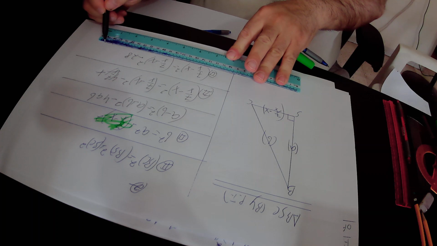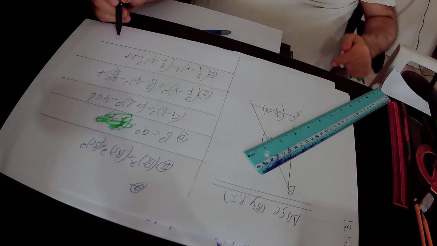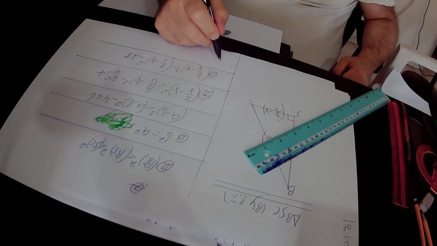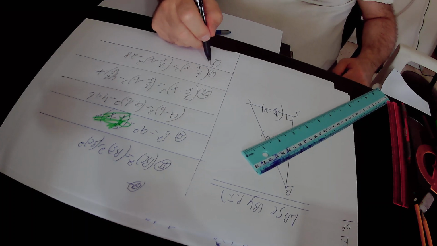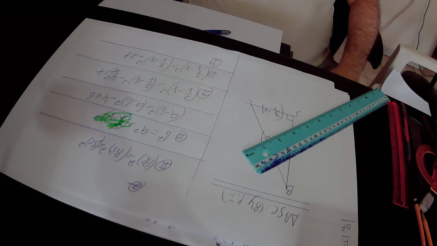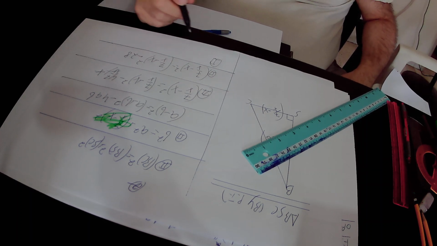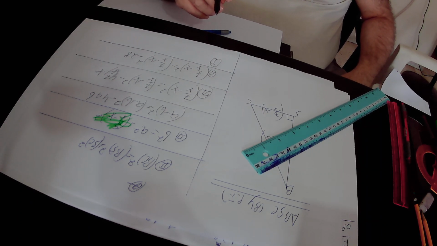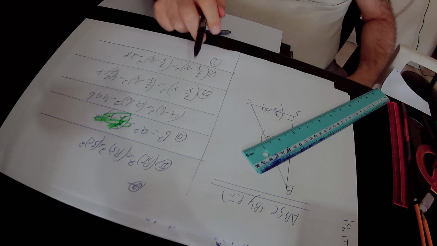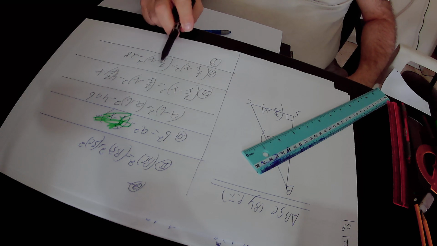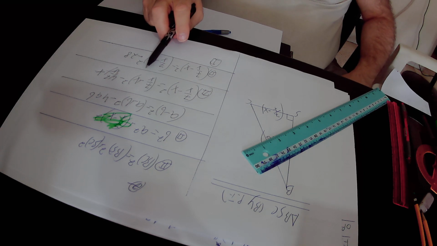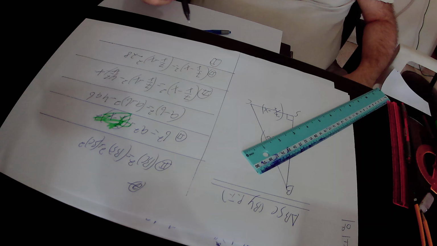This is according to equation 2, while according to equation 1, we have already found out that 7 over x minus x squared equals 7 over x plus x squared minus 28.